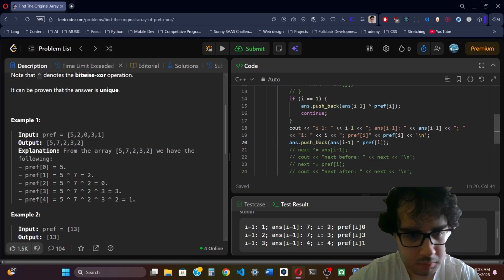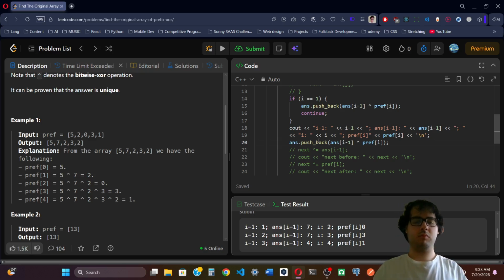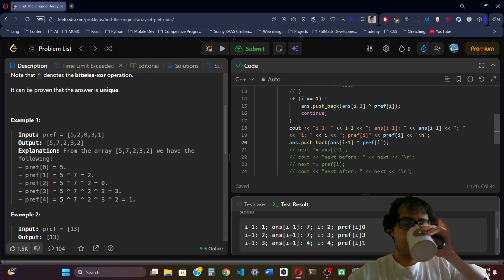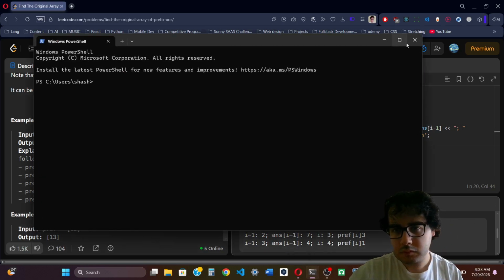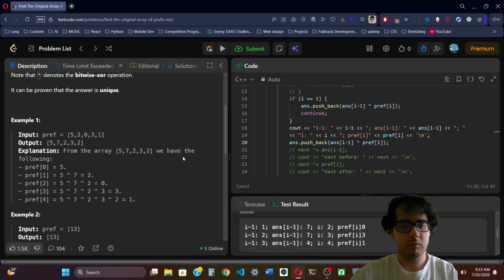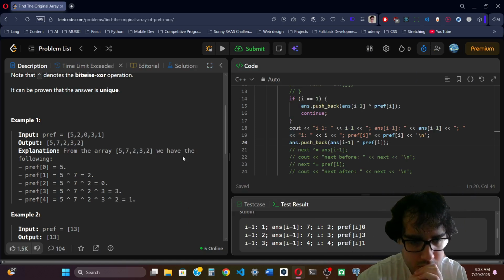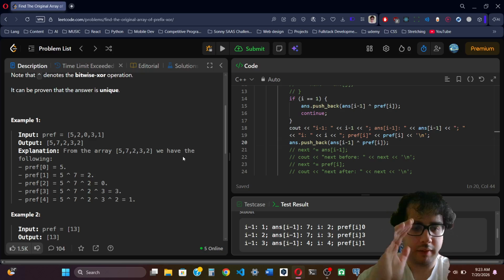One, two, three, this is 2, 3, 4. Okay, so it is not 7 XOR 2.